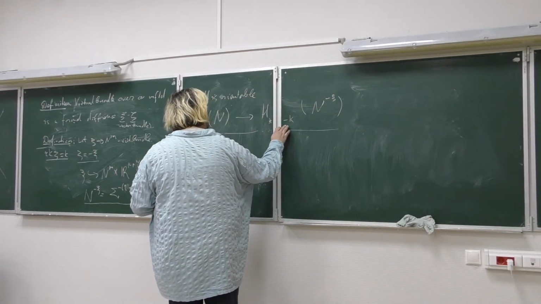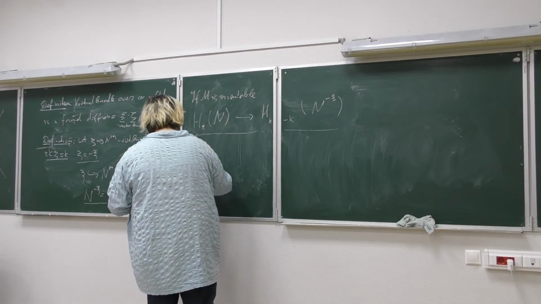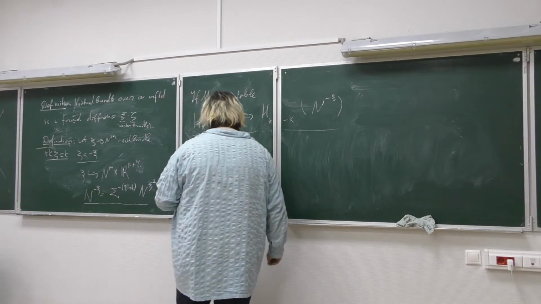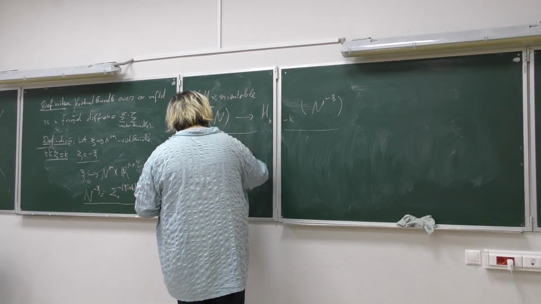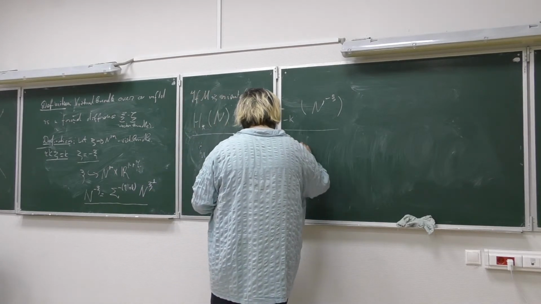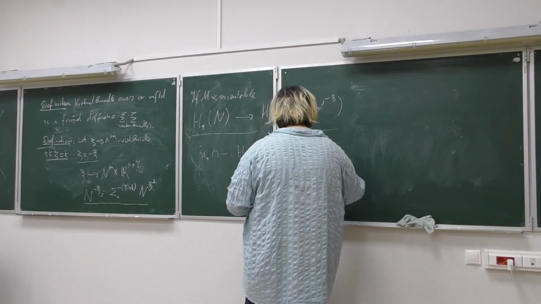So in general, we have a cap product with the Thom class, which shifts the dimension in homology.